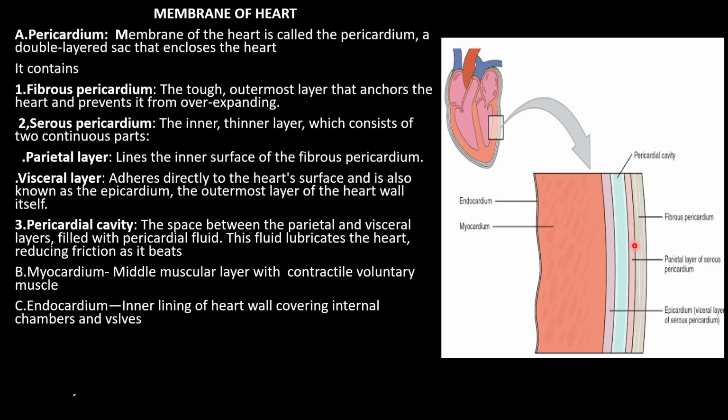Here it is parietal layer of serous pericardium and it is visceral layer of serous pericardium. So both of these visceral layer and parietal layer of pericardium form a cavity called pericardial cavity, which contains pericardial fluid, which acts as a shock absorber.